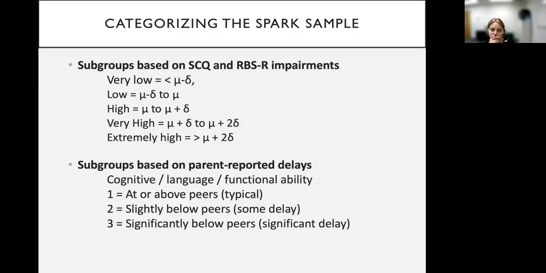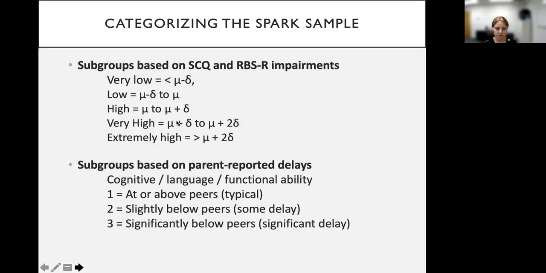There are small samples that have that, but the more global measure that they had were parent-reported delays, of parents reporting whether their child has a cognitive delay or a language delay or a functional delay, where they are asked, okay, is your child's cognitive ability at or above peers? Is it slightly below peers, or is it significantly below peers? And so accordingly, I categorize them into these 3 subgroups.